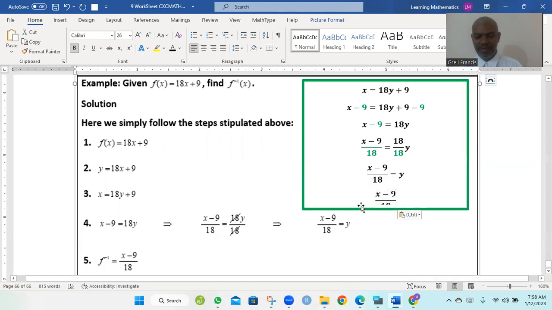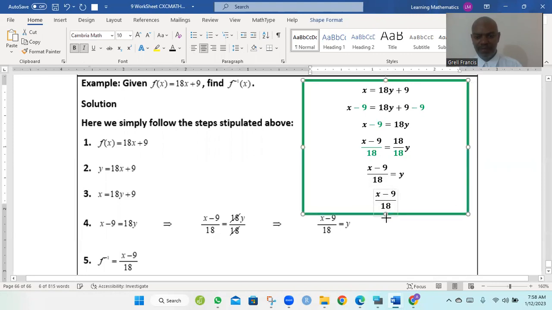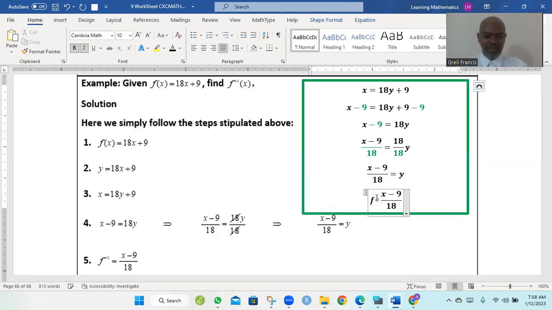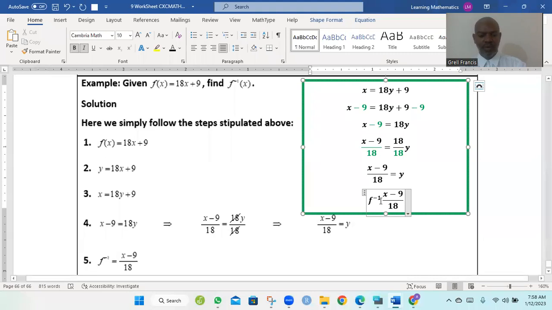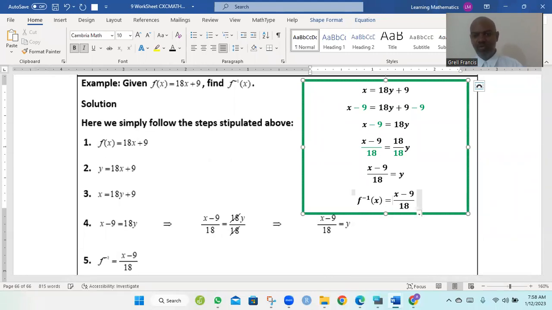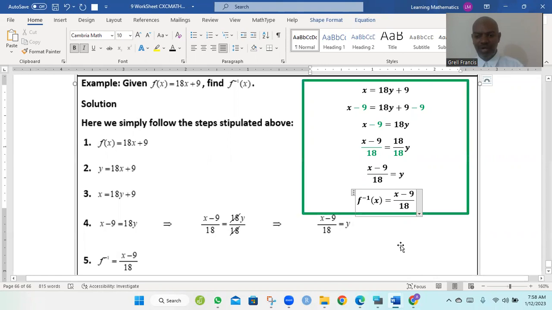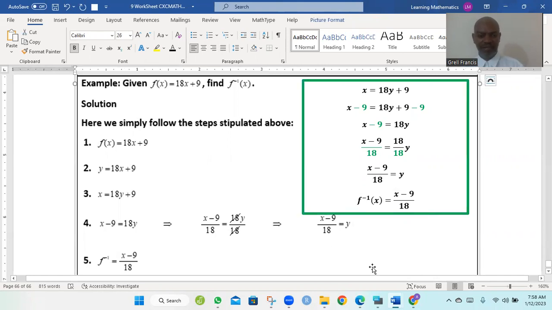Now, this reads as f inverse of x is equal to x subtract 9 all divided by 18.